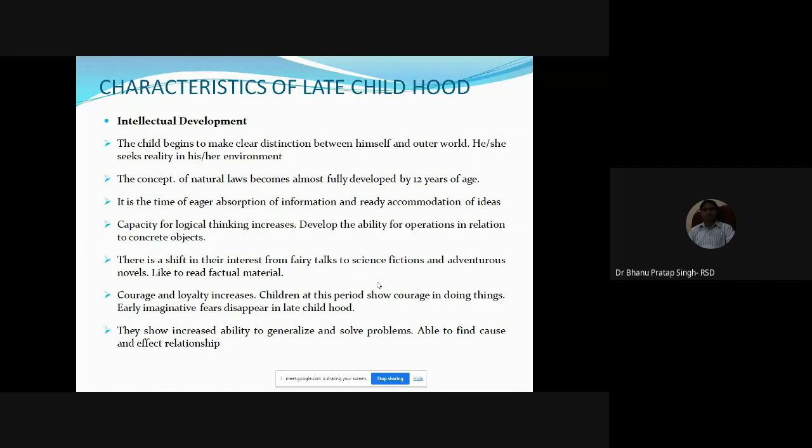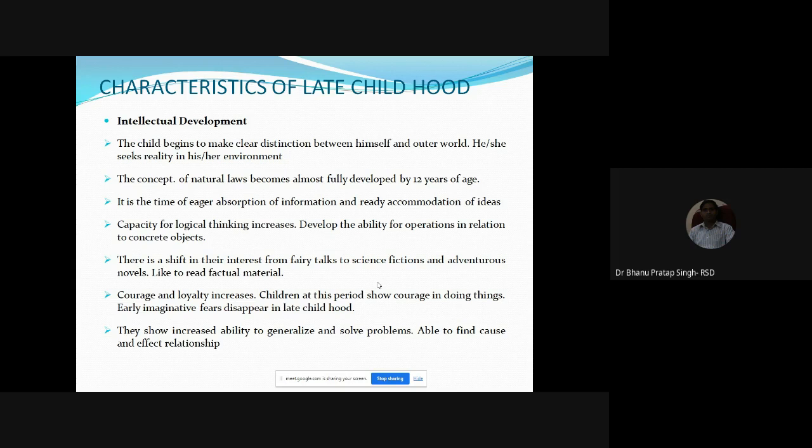There is a shift in their interest from fairy tales to science fiction and adventurous novels, like he or she starts to read factual materials. Courage and loyalty increase during this late childhood age. Children at this age show courage in doing various things.